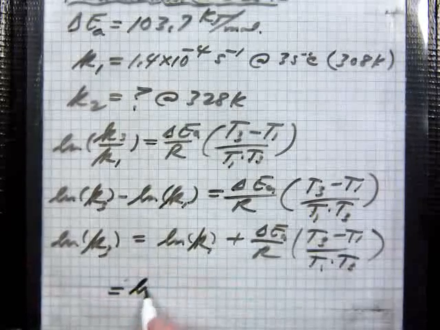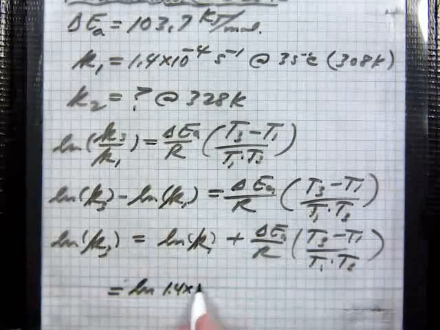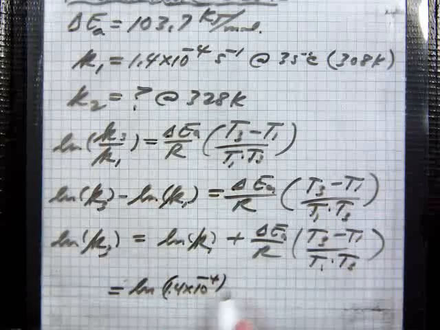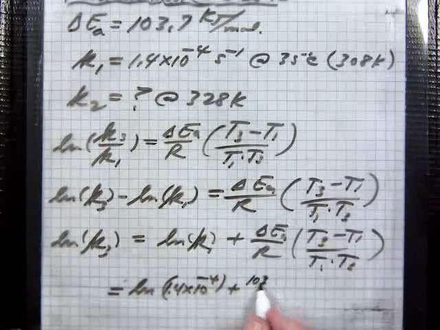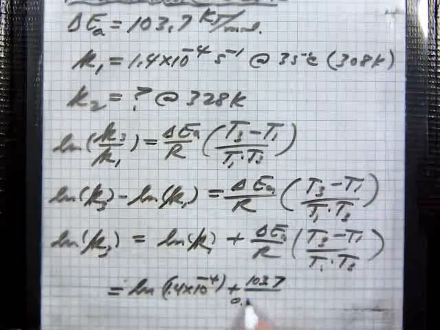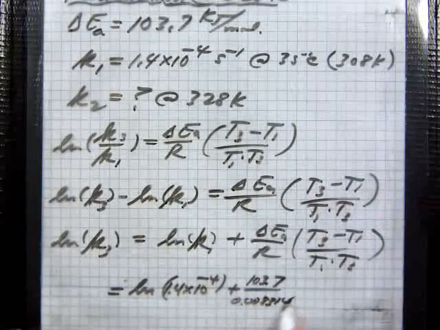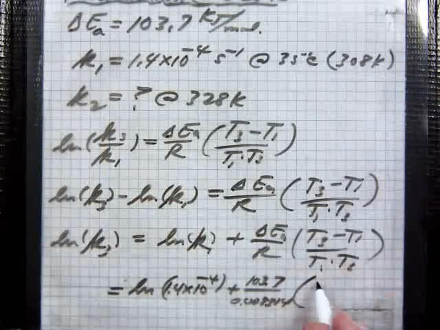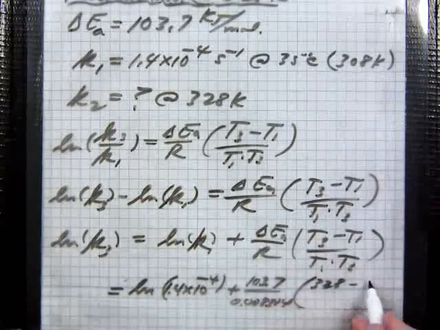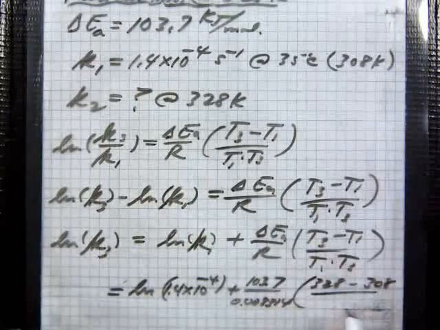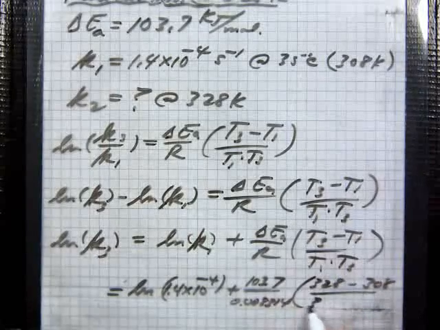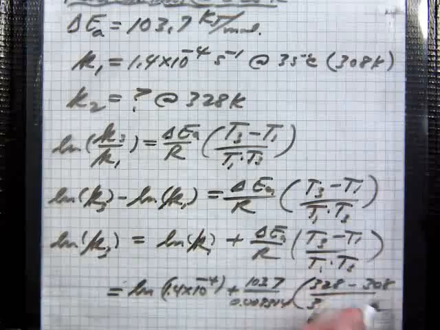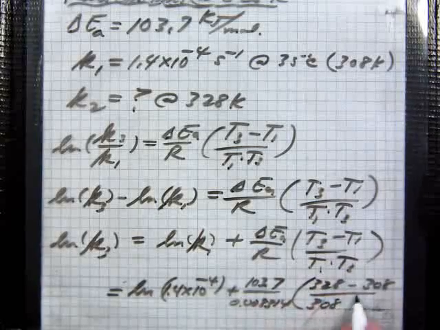We have ln of 1.4 times 10 to the minus 4, plus 103.7 over 0.008314, and 328 minus 308 divided by 308 times 328, like that.